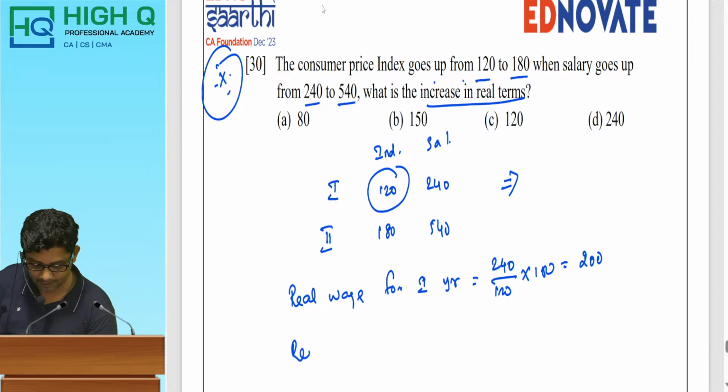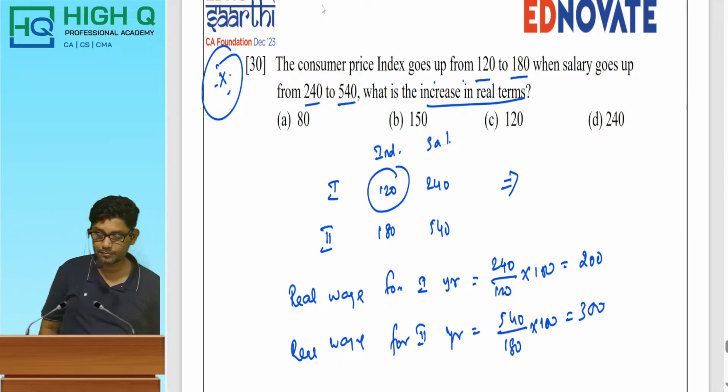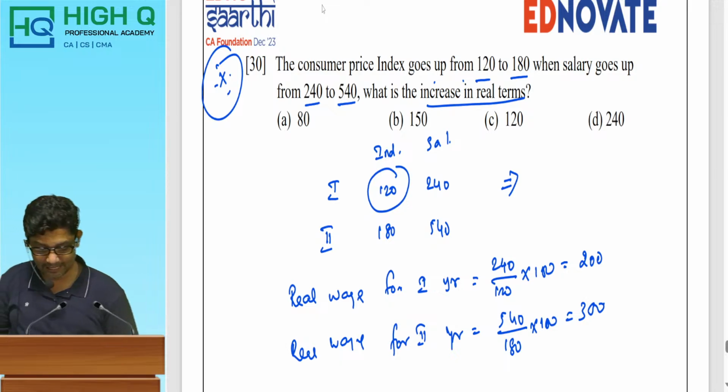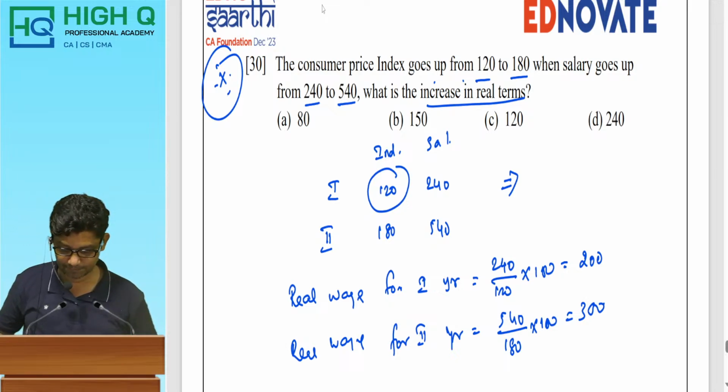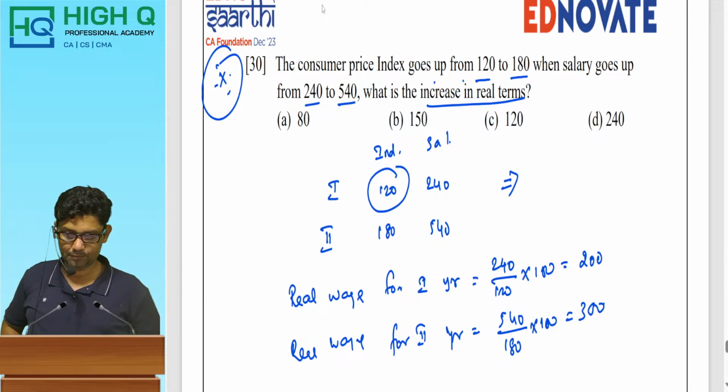Same way, real wage for second year. What is it, my dear? 540? Is it 300? What is the increase in real terms? This one you find out. What is the real term increase?